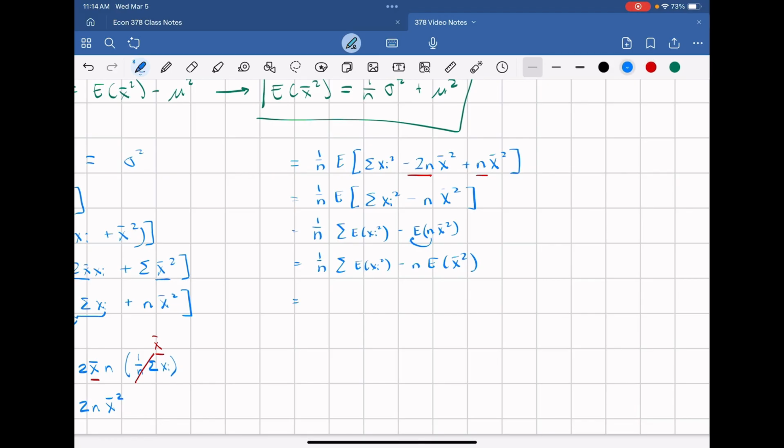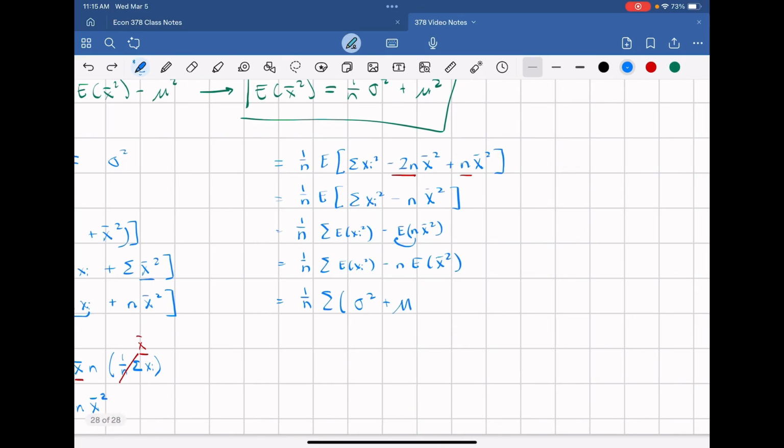So this is equal to 1 over n summation. Well, what do we have for the expected value of xi squared? We had sigma squared plus mu squared. This is 1 over n times all of this.